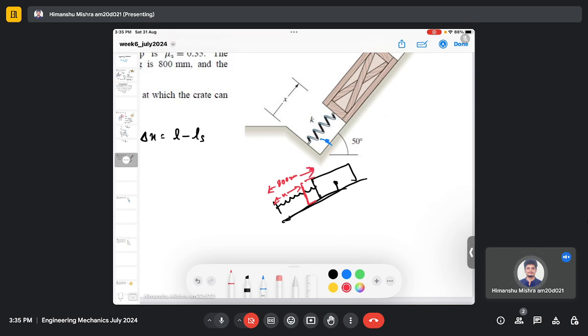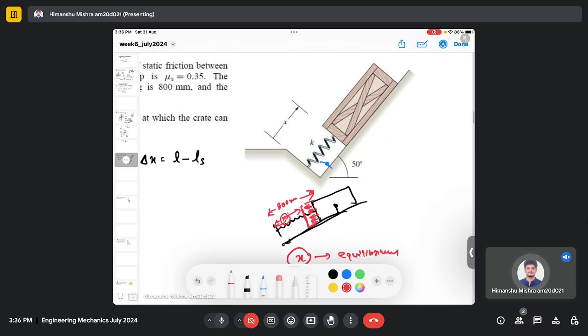The crate moves towards the left, and there is a new position of the spring. The spring is also compressed, and this compression distance is x. At this distance the crate will not go further. It will become stationary, and the system is in equilibrium. So at x, the system is in equilibrium.